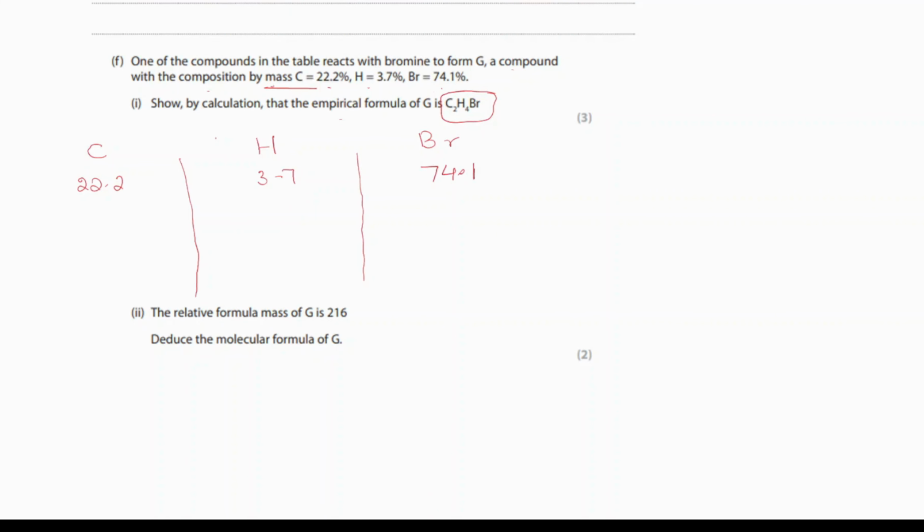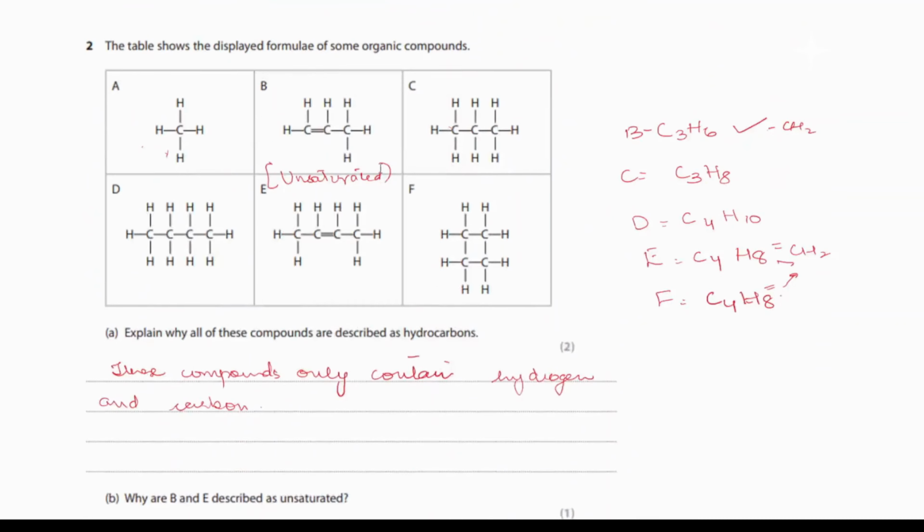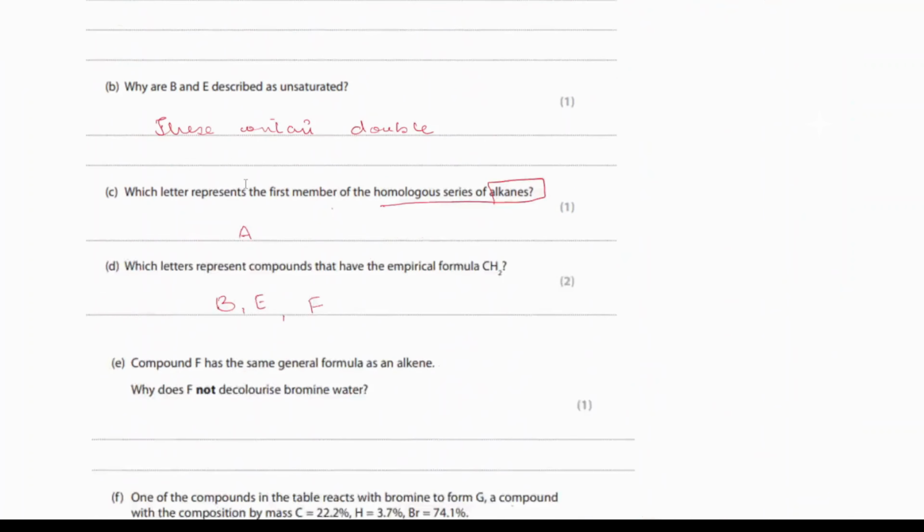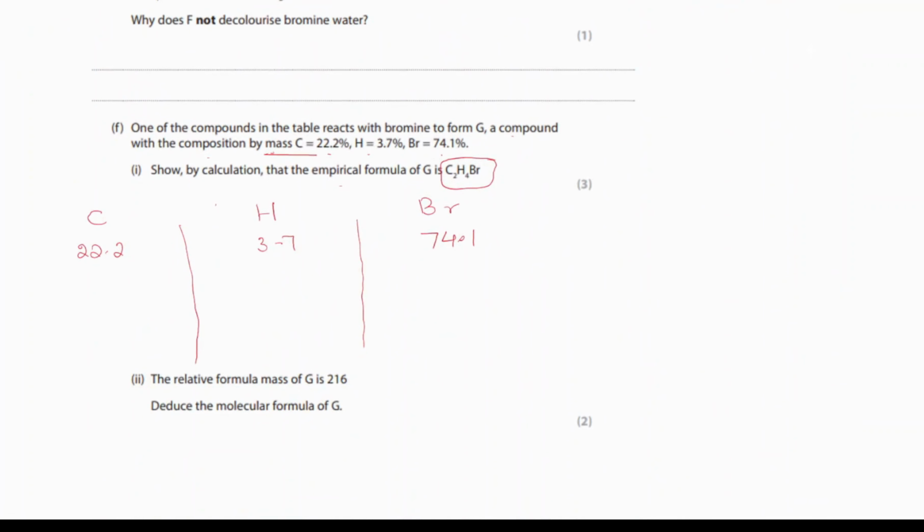Okay, so the very first step that we discussed earlier is to write masses. So we write their masses, the percentage masses. Then we have to find their moles. What is the molar mass of carbon, hydrogen, and bromine?